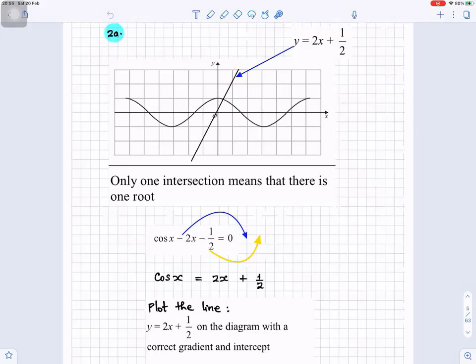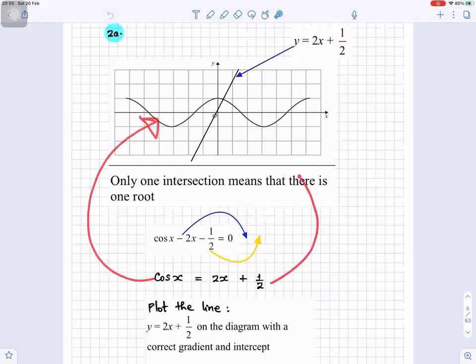Now let's see how we can get the equation of the line. If we take minus 2x to the right, it becomes plus 2x. We take minus a half to the right, it becomes plus a half. So we have cos x on the left equals 2x plus a half on the right. On the left is cos x, which is this graph there.